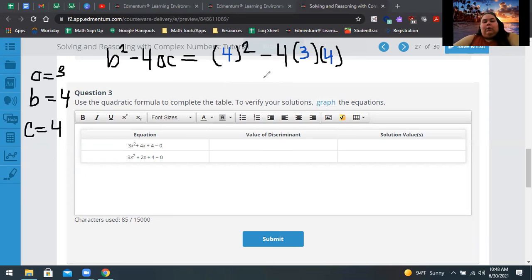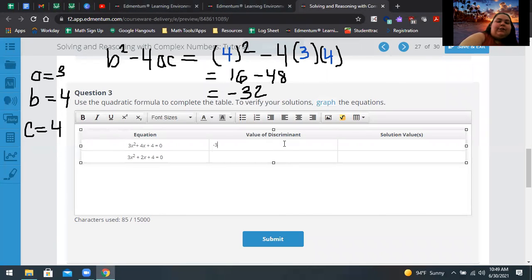Now we solve: 4 squared is 16, and negative 4 times 3 is negative 12. Negative 12 times 4 is negative 48. Then 16 minus 48 is negative 32. So the value of the discriminant that I'm entering here is negative 32.